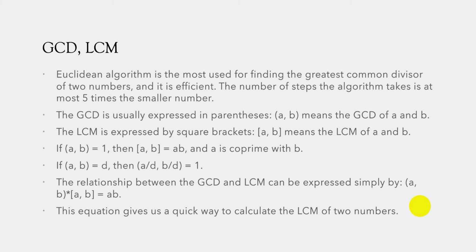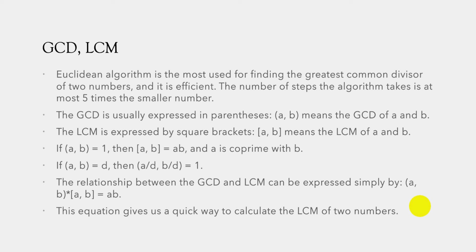There are 2 rules. If the greatest common divisor of a and b is 1, then the least common multiple of a and b is the product of a and b. And a is coprime with b. Because if the greatest common divisor of two numbers is 1, that means that they don't have any common factors.